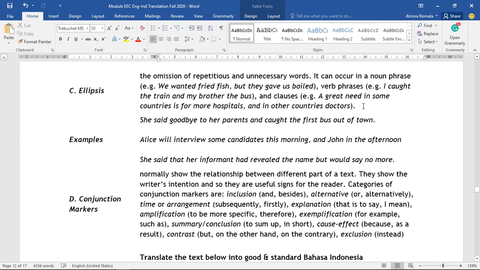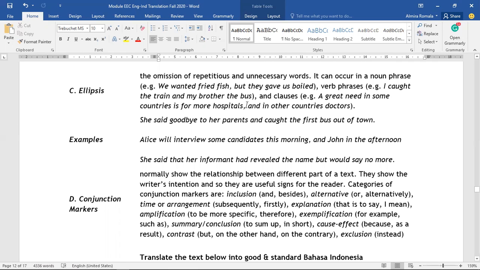Or we can translate into kebutuhan yang sangat mendesak di beberapa negara adalah lebih banyak rumah sakit, dan di beberapa negara lainnya adalah lebih banyak dokter atau lebih banyak jumlah dokter. As we only translate, dan di beberapa negara lain dokter. So what is it?